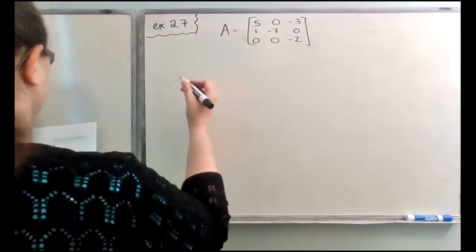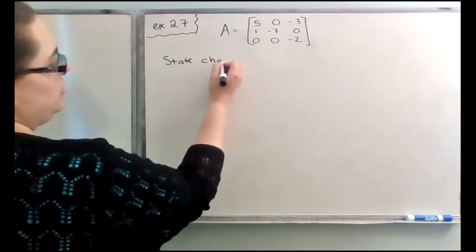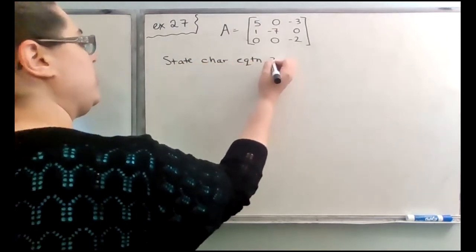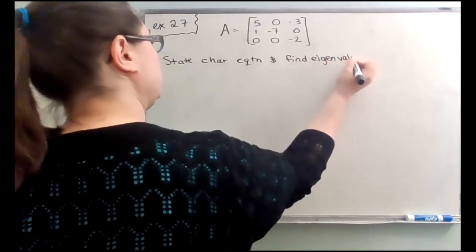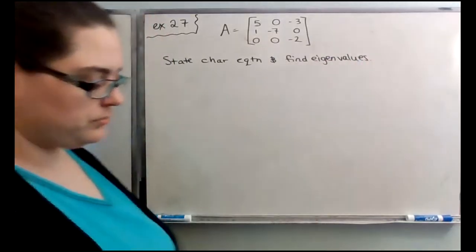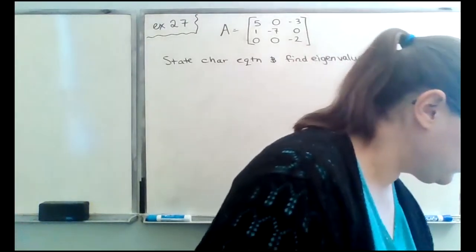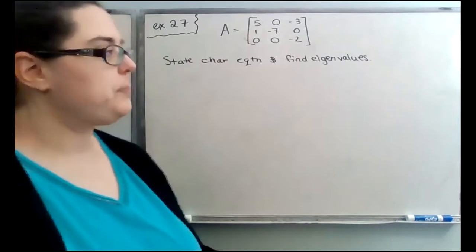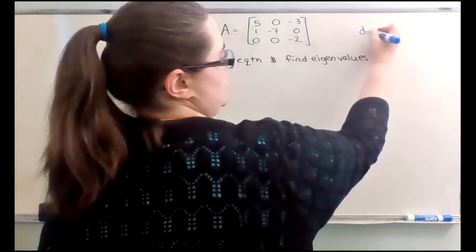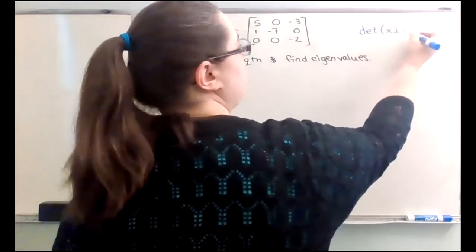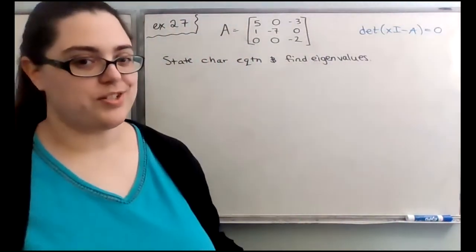And we're going to state the characteristic equation and find the eigenvalues. So when we go to set this up, to state the characteristic equation, what we need to find is the determinant of xI minus A and set that equal to 0. This is our characteristic equation.